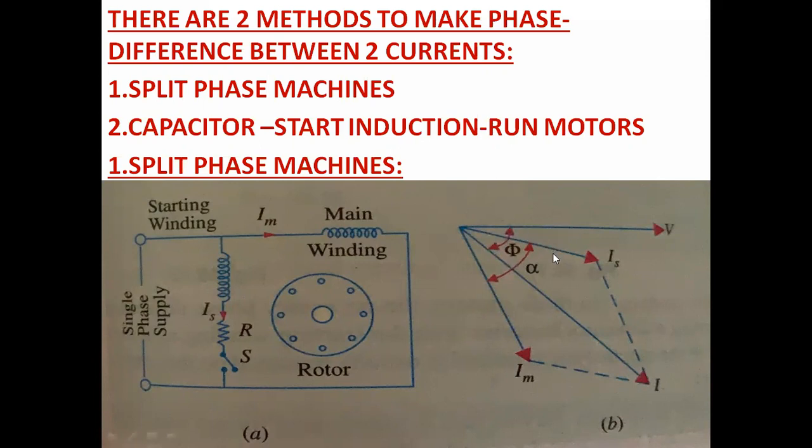When compared to IM, the lagging of IM with respect to V is more, right? The angle is large. So there will be a phase angle between IS and IM.